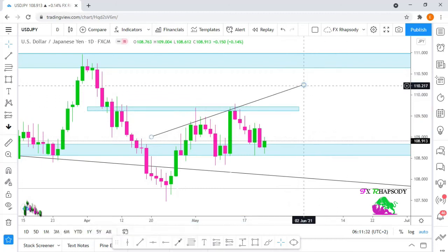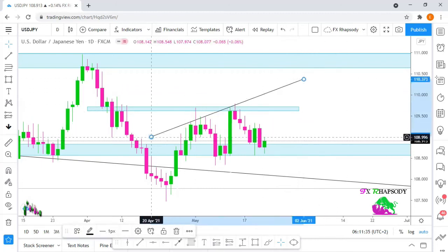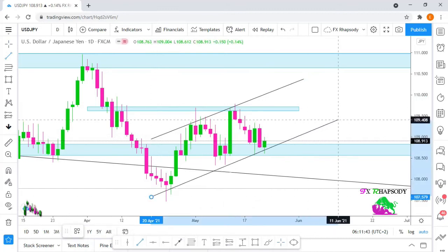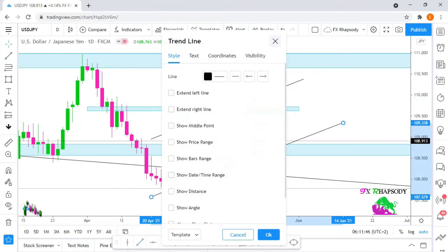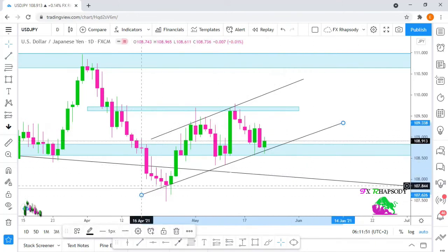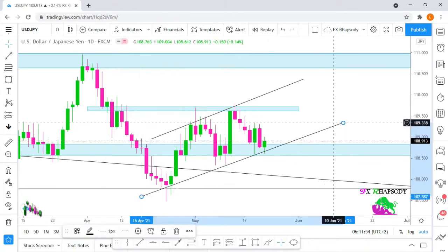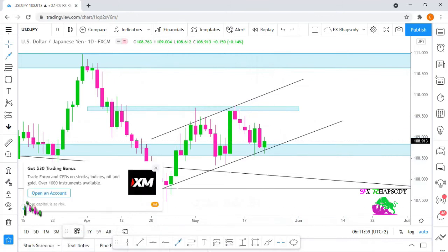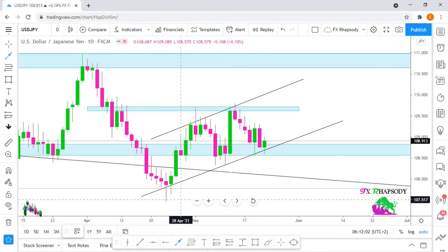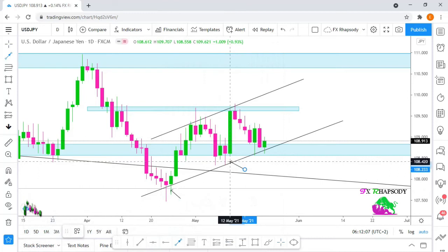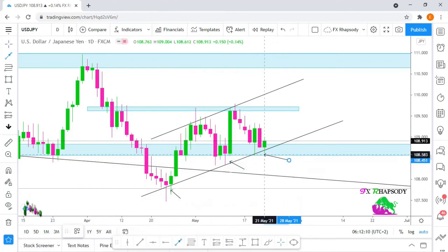Let's draw it a bit better. And then the one at the bottom has also formed. So this is a nice strong trend line running on the daily currently. There we go. We can see that the trend line is touched over here, and there's another touch to that trend line.